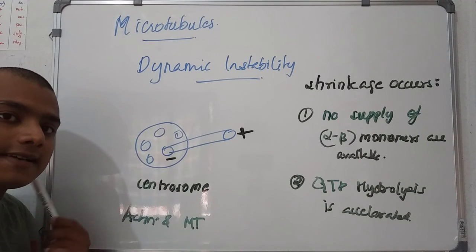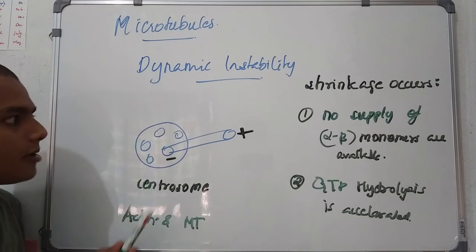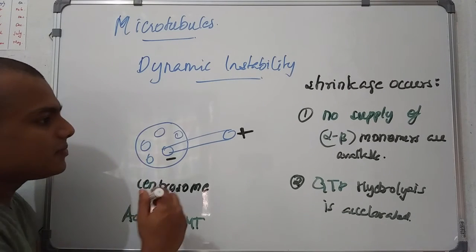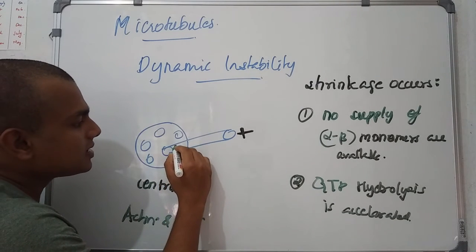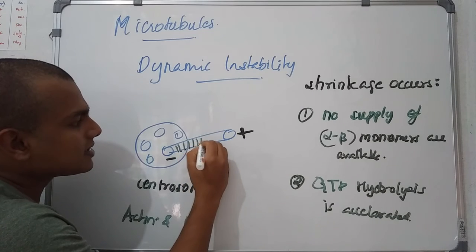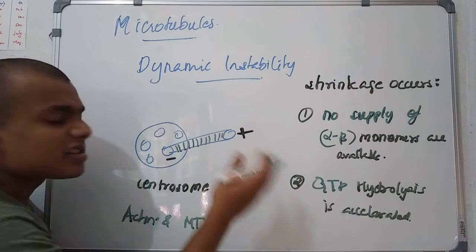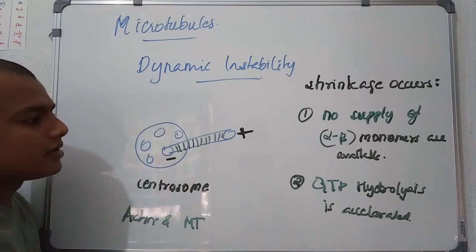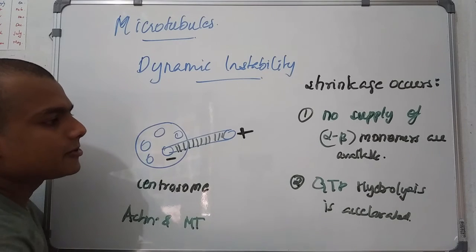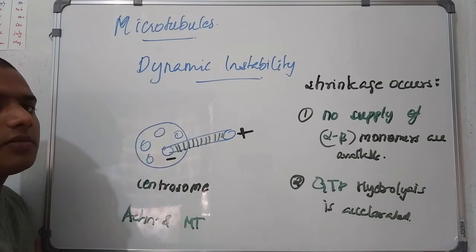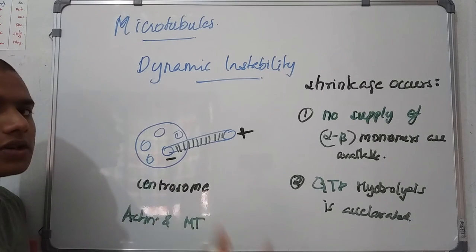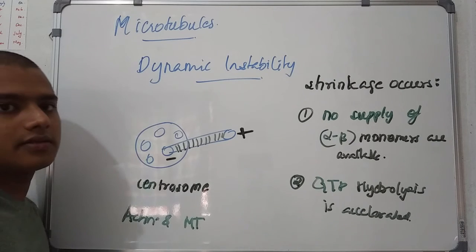It does not occur instantaneously after polymerization. But in this case, if GTP hydrolysis is accelerated from this end and it reaches here, shrinkage will happen. When GTP is suddenly changed into GDP, the structure becomes unstable and it falls out, it depolymerizes.